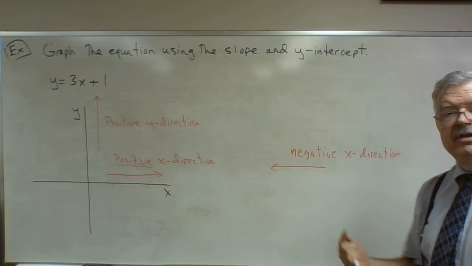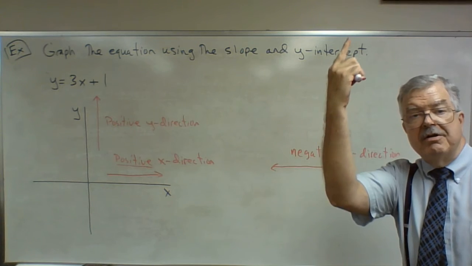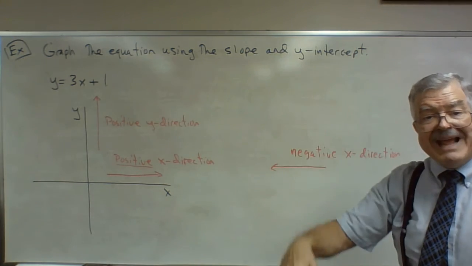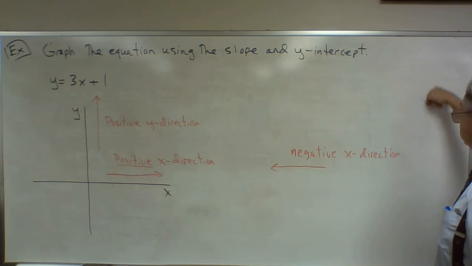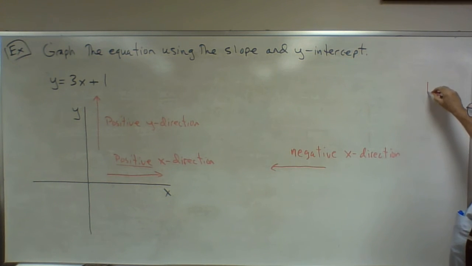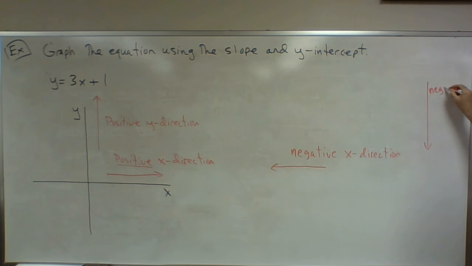And suppose instead of going upward vertically, we go down. Instead of going from bottom to top, we go top to bottom. What about that? This is the negative y direction.